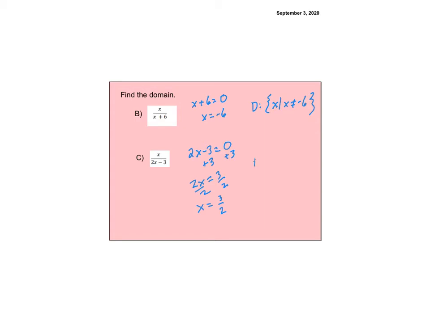So for my domain, I do D colon, do my 2 sets of squiggly brackets, and I say x such that x cannot equal 3/2. X can be anything else, but x cannot equal 3/2, because if you put 3/2 in the denominator, you get 2 times 3/2 is 3, and 3 minus 3 is 0 in the denominator. We cannot divide by 0. 3/2 divided by 0, can't do it.